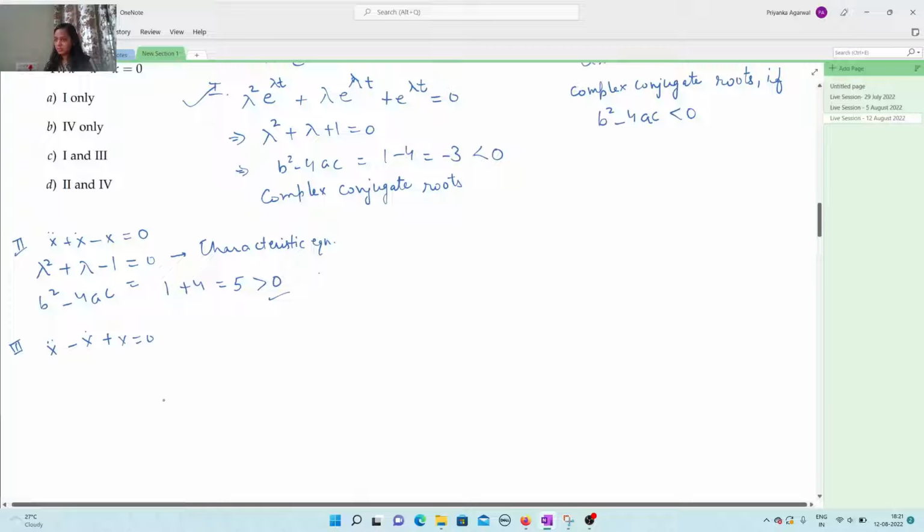So we can assume that x equals to e to the power lambda t is a solution of this equation.